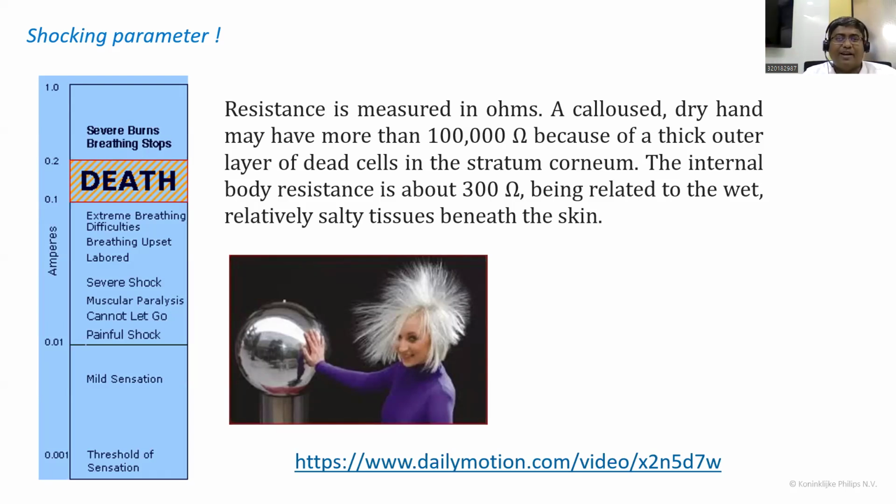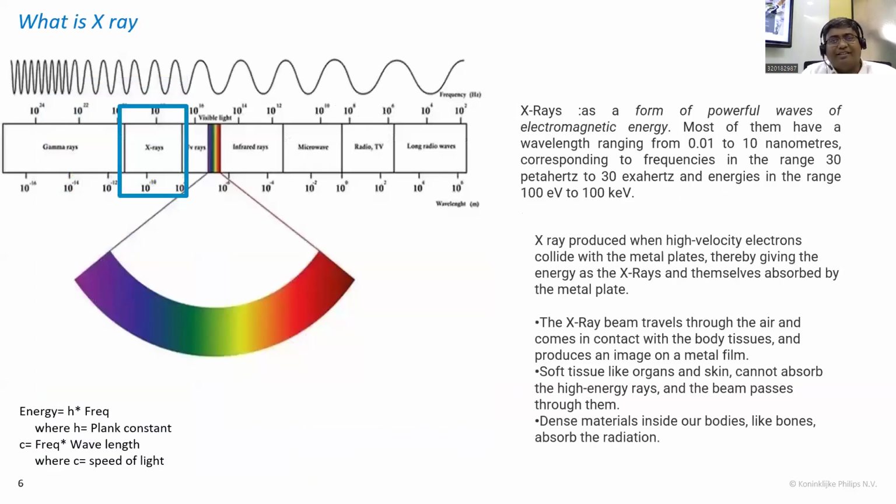So there is no point thinking that up to this voltage it's not fatal. Even something as low as 230 volt can be fatal. I'm not going through any YouTube links because this team is well matured and I don't want to show other information. Now coming to the topic, X-ray.